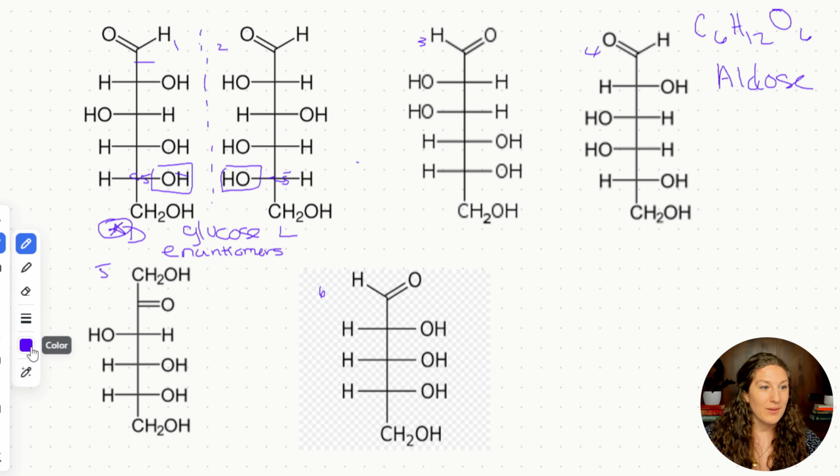Now let's move on to our next sugar, which is in the center here. And this one is mannose. And mannose has 2 of the same on the top and 2 of the same on the bottom. So 2 hydroxys on one side and then 2 on the other. So 2 and then 2. And that's how we got mannose. All right, mannose, M-A-N-N-O-S-E is our next sugar.